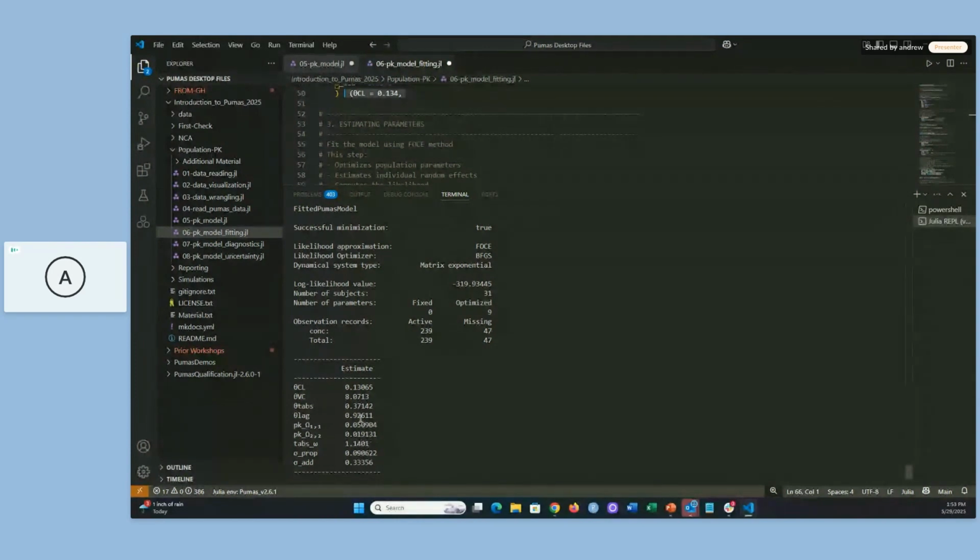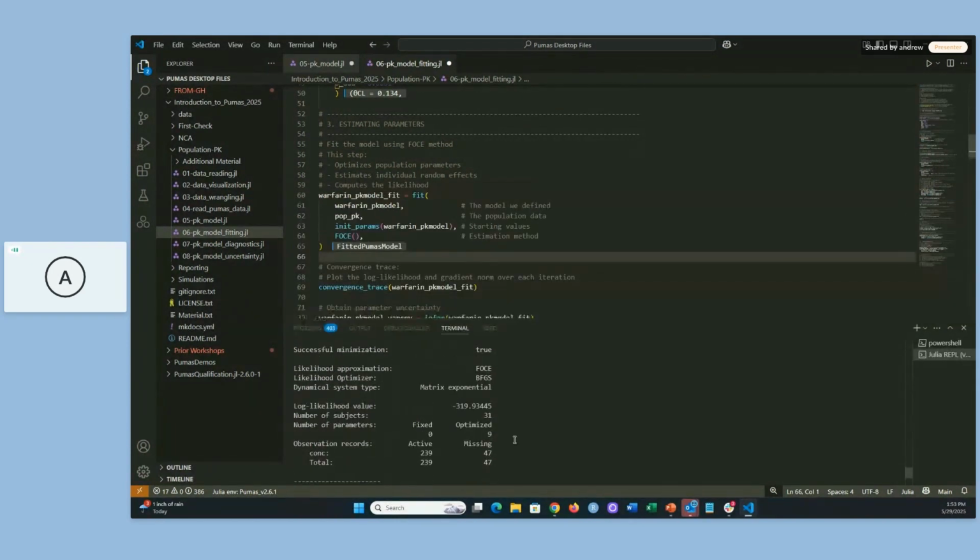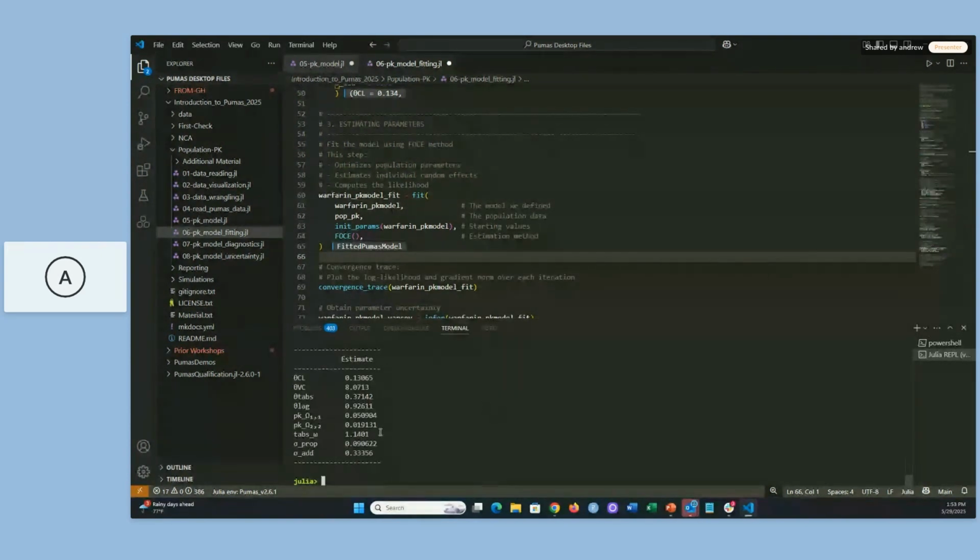It's always good to look at these and make sure, does this jibe and does this make sense with the information that we know about our drug. So, a 0.33 nanogram per mL concentration, that's not bad. About a 9% proportional error, that's not too bad here. There's quite a bit of variability on that absorption half-life component.